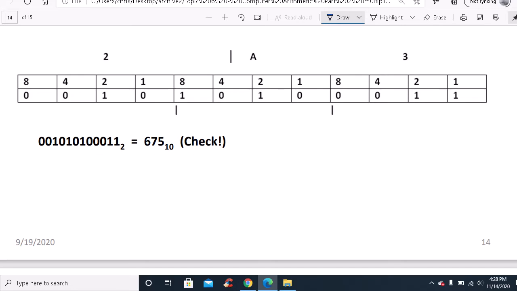And the only other thing I want to do is to ask you the question, why do you think hexadecimal numbers are important? Why are they used, in other words?